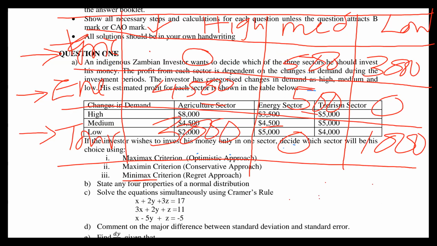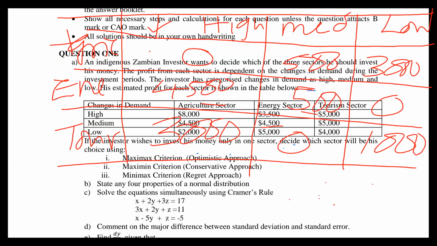Okay, I get where we are still missing it a bit. I said we move along the columns when you're just forming the table. That is just for forming the regret table. Immediately you are done forming the regret table, you go back to the sectors and start again moving along the sectors.